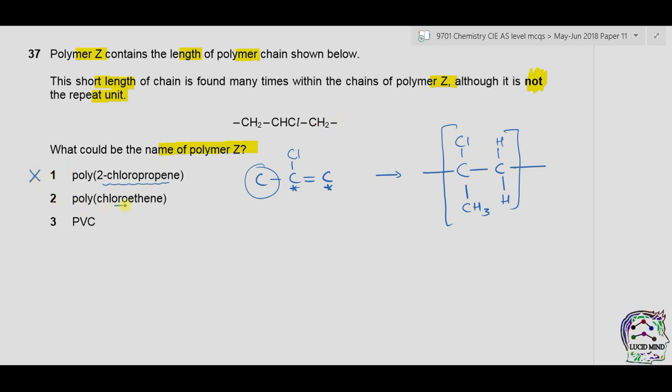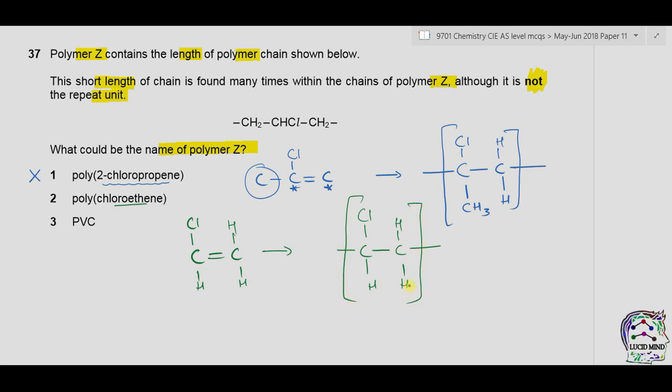In 2 we have polychloroethene. Chloroethene is the reactant. In ethene we have 2 carbon atoms, and chloro means 1 chlorine is attached. Rest are the number of hydrogen atoms. So this can polymerize to form this repeat unit. As this is similar, because this carbon contains 2 hydrogen, this carbon contains 1 hydrogen, 1 chlorine. Again this carbon contains 2 hydrogen, and the next carbon will contain 1 hydrogen and 1 chlorine.